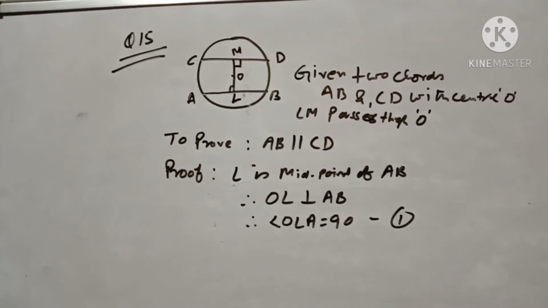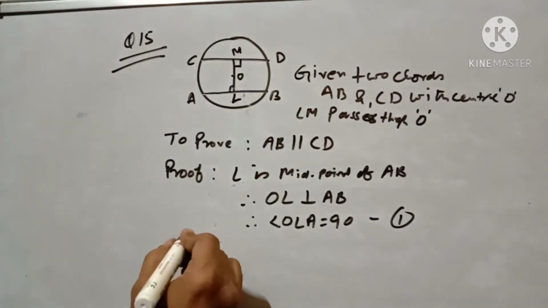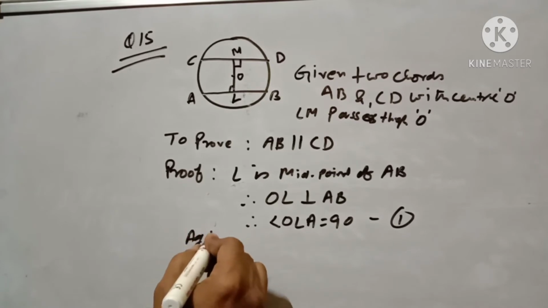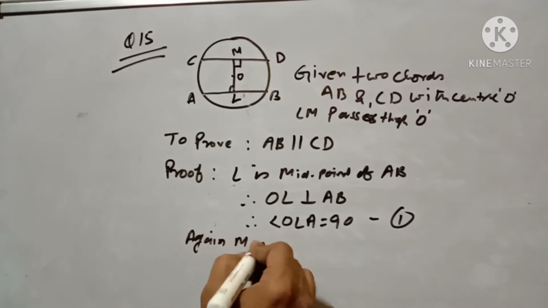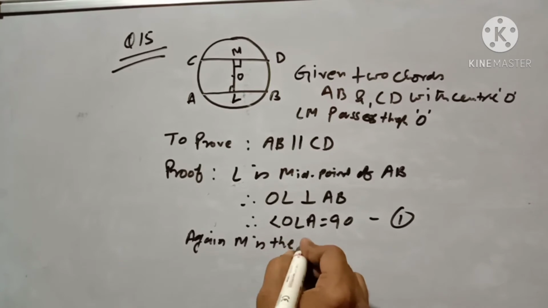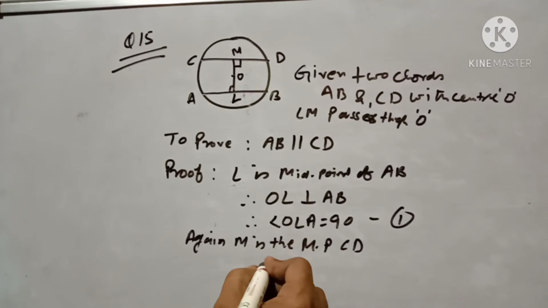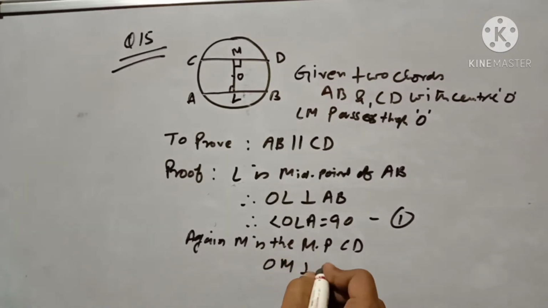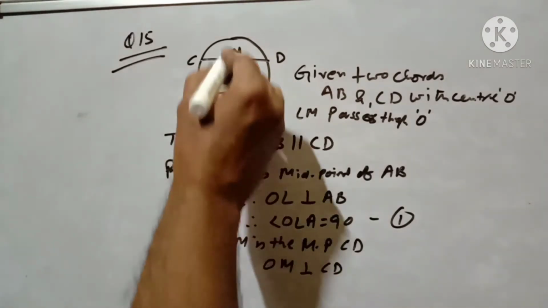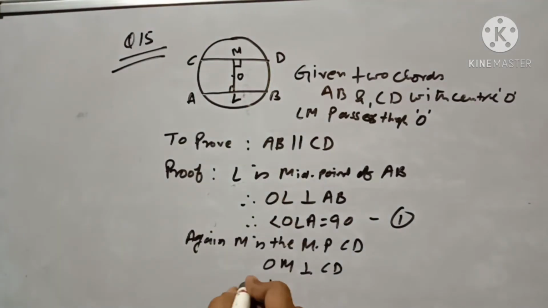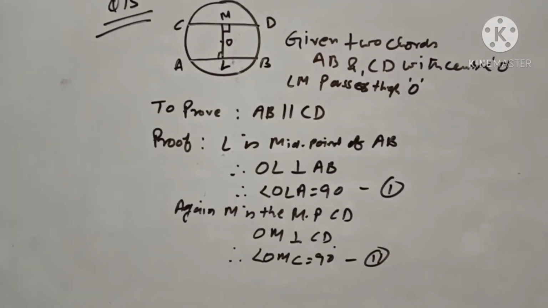Now again see, M is the midpoint of CD. Therefore OM is perpendicular to CD. Therefore angle OMC equals 90 degrees. This is equation number 2. Please write down.